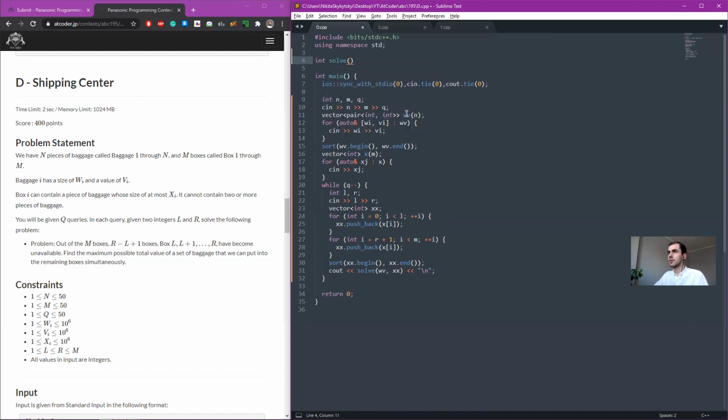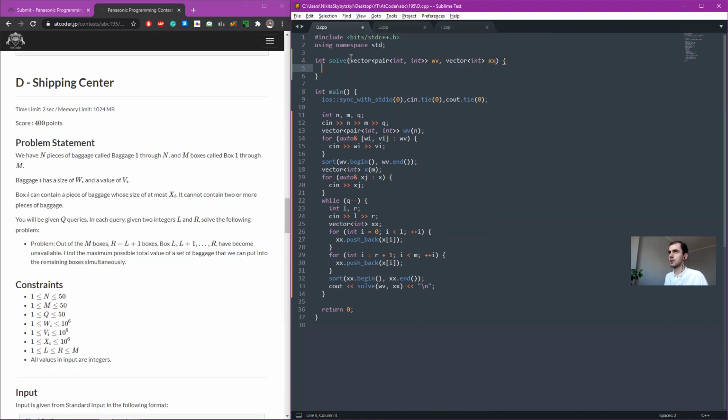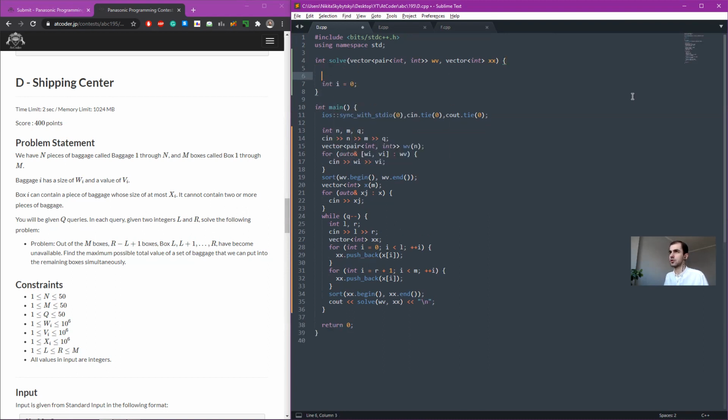No, I'm going to copy by value because it's a non-trivial process. So what we do is we know that W is sorted on W and XX is sorted on X, right? So we're going to create two indices actually.